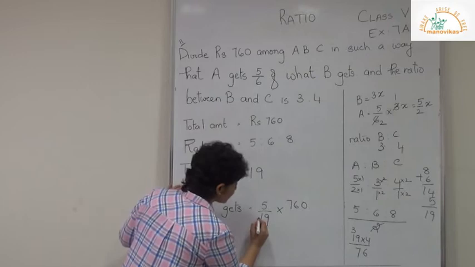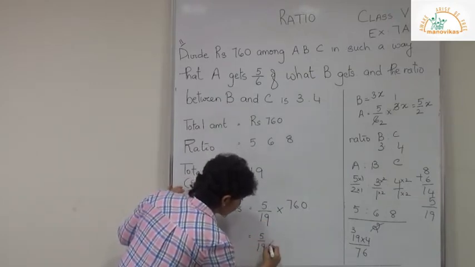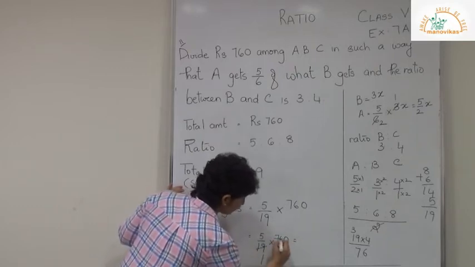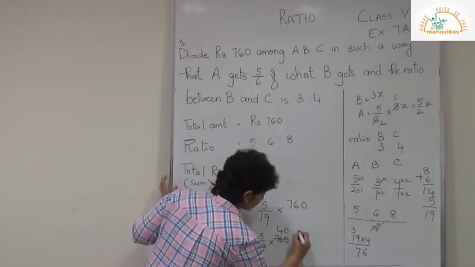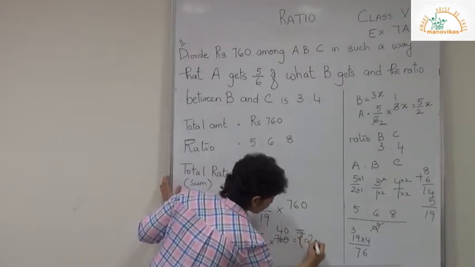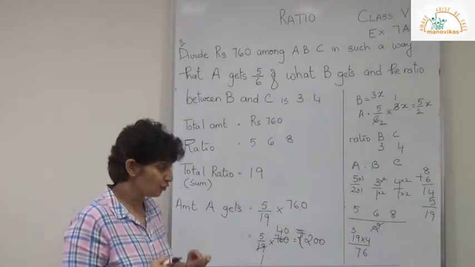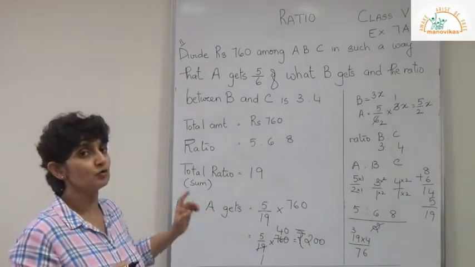So if I reduce, let me rewrite it. 5 upon 19 into 760. 19 ones are 19, 4 zeros are 0. So 4 fives are 20, so 200 rupees. I am not going to do further because by now I'm sure you know how to solve it.